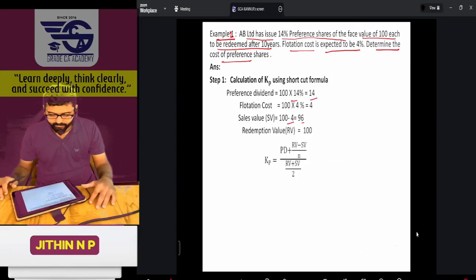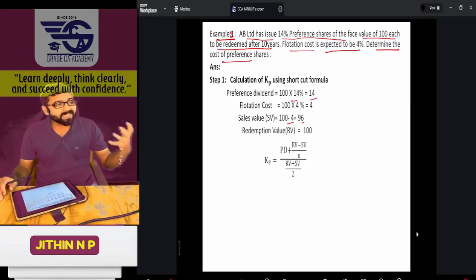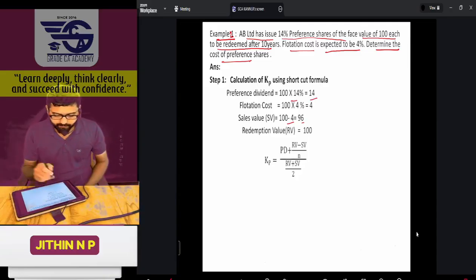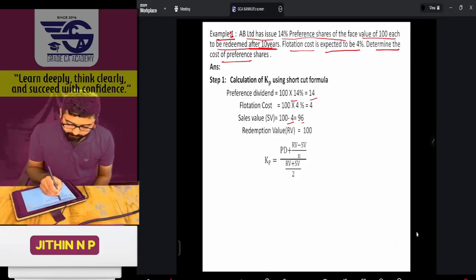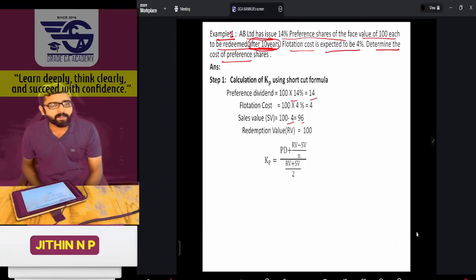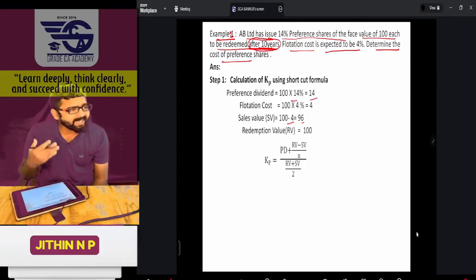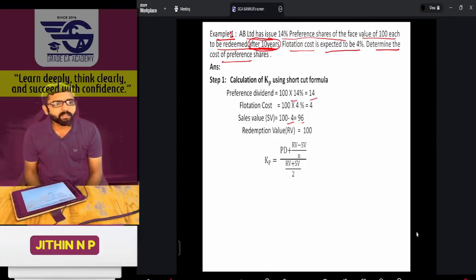Okay. KP is equal to PD plus RV. This is a redeemable security. If the question specifically mentions redeemable after 10 years or 5 years, then it is redeemable. Otherwise, it is irredeemable. Clear? PD plus RV minus SV divided by N, divided by RV plus SV divided by 2.